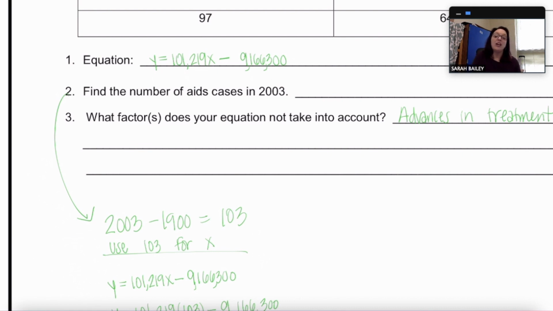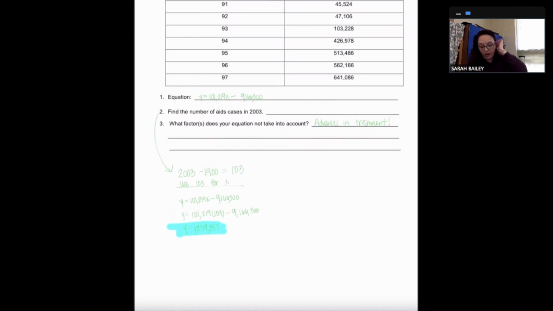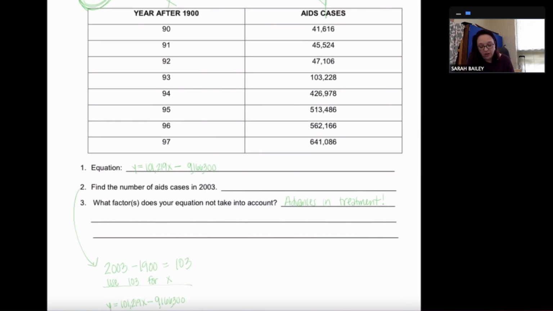So how many years after 1900 is 2003? Well, that was 103 years. So in place of x in the equation, you had to put a 103, which is how I came up with my value of 1,259,257 cases.